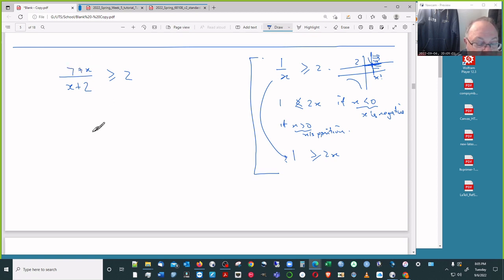So if I do this, I'll get 7 plus x is greater than or equal to 2x plus 2. So I've multiplied through by x plus 2.